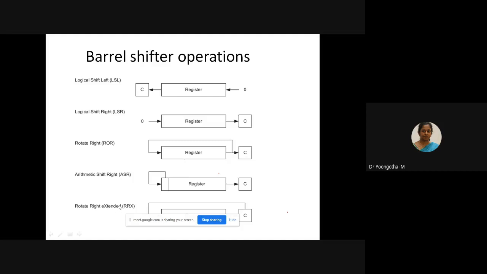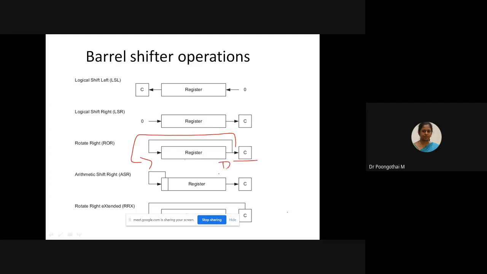Rotate right means this bit rotation does not discard any bits from the register. Instead, the bit values are removed from one end of the register and inserted into the other end.